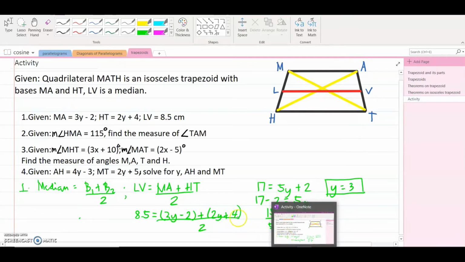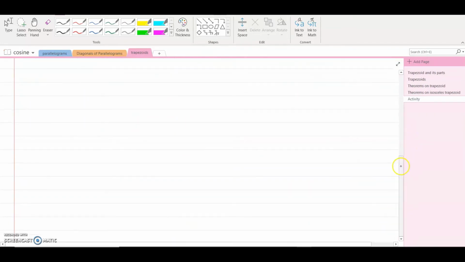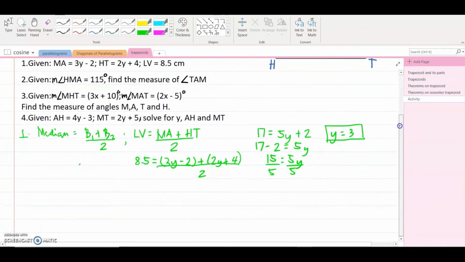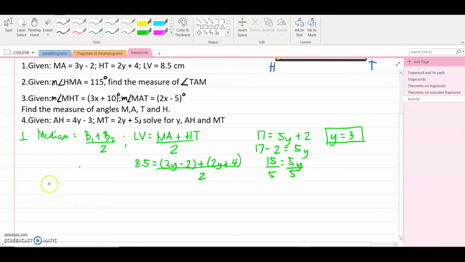So we can now substitute the value of y to find MA and HT. We know that MA is 3y minus 2. So we have 3 times 3 minus 2. It will be 9 minus 2. So line segment MA is 7 centimeters.